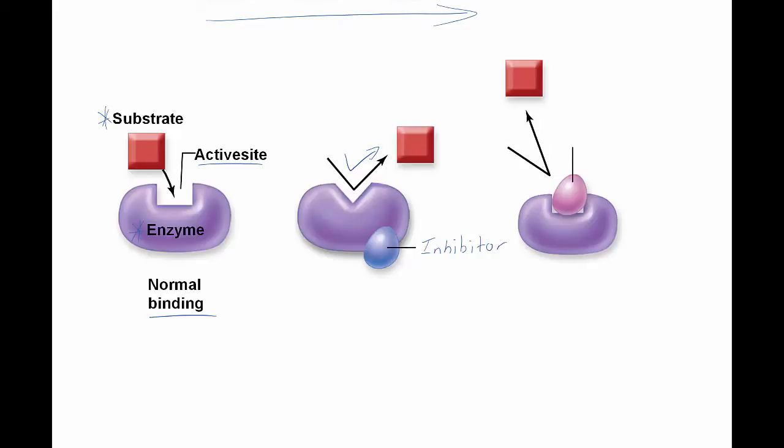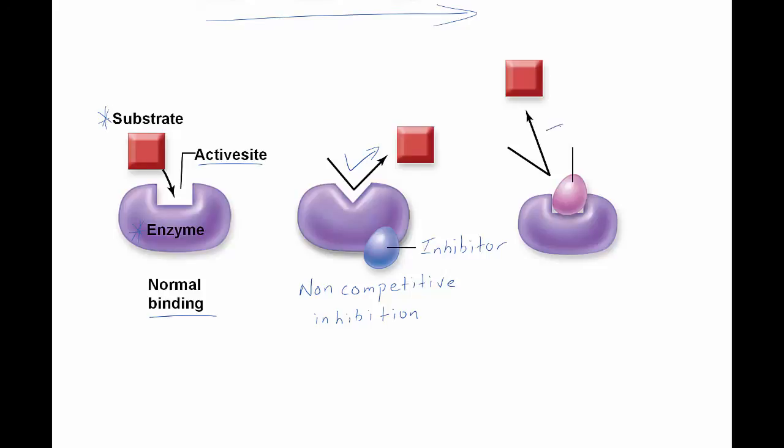Now, because it attaches itself to a place other than the active site, it's referred to as non-competitive inhibition. Because it's not competing with the substrate for the active site.